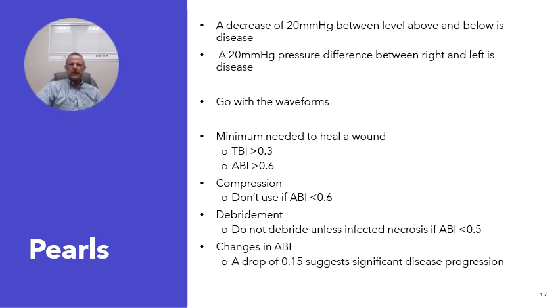One of those is that if you have a decrease in the blood pressure of 20 millimeters of mercury or more between level above and the level that you're measuring at, or difference between the right and left extremity of 20, that is considered a significant decrease.